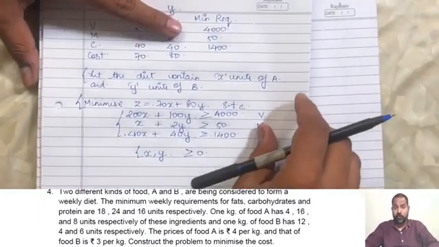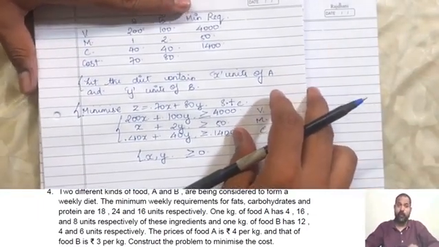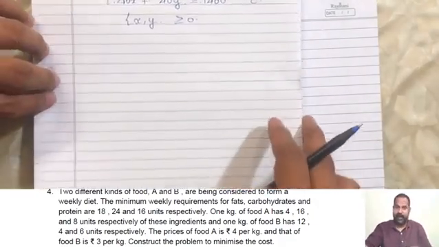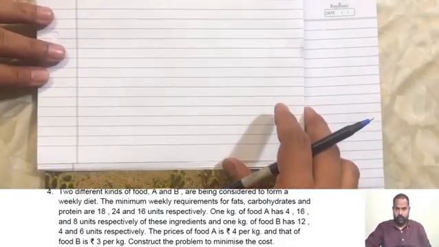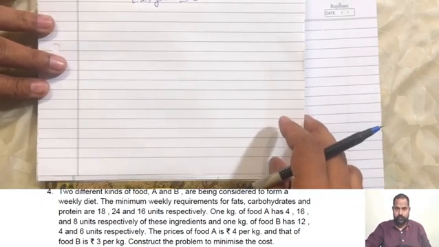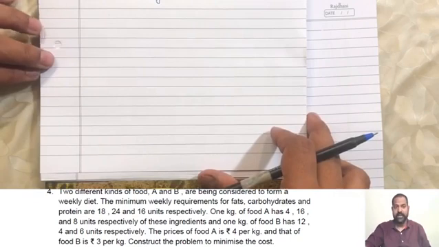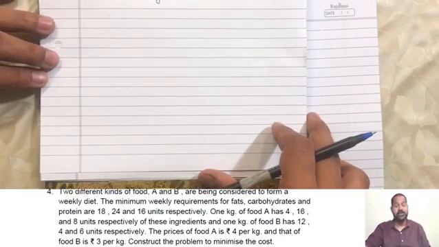Two different kinds of foods, A and B, are being considered to form a weekly diet. So there are two foods that I'm considering for a weekly diet. The minimum weekly requirement of fats, carbohydrates and proteins is 18, 24 and 16 units respectively.